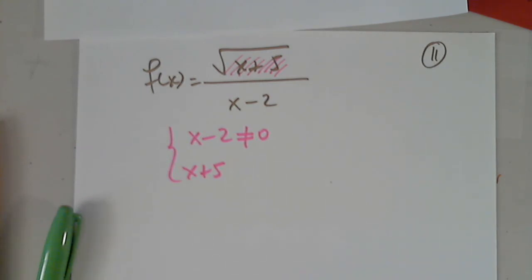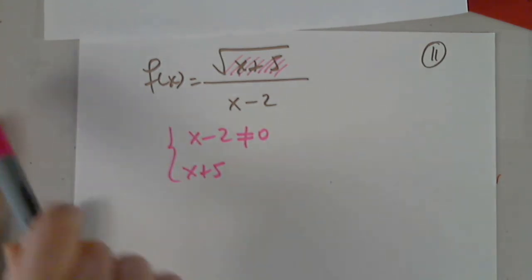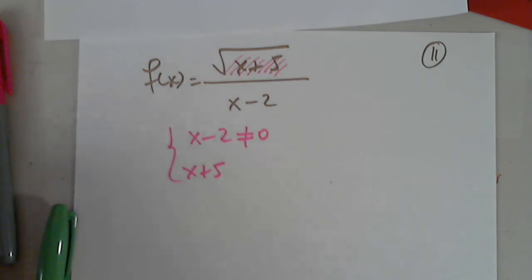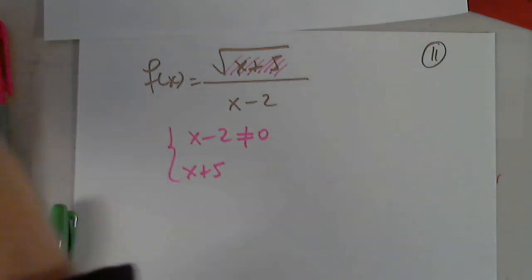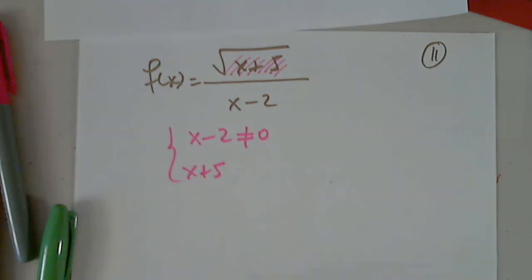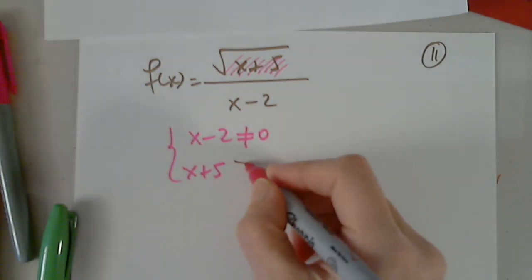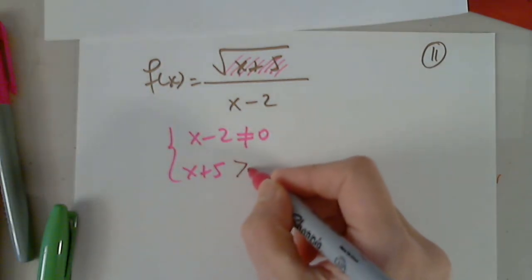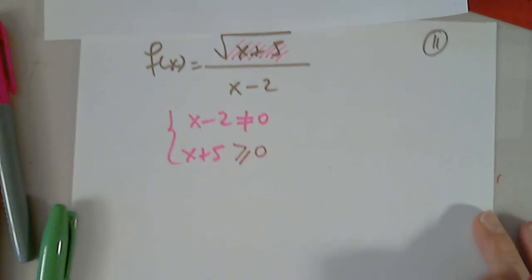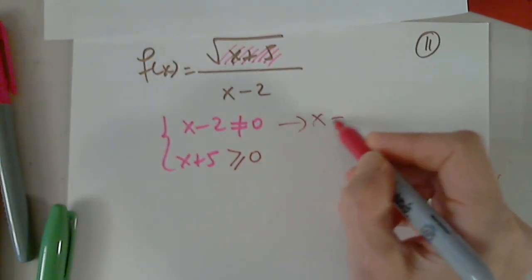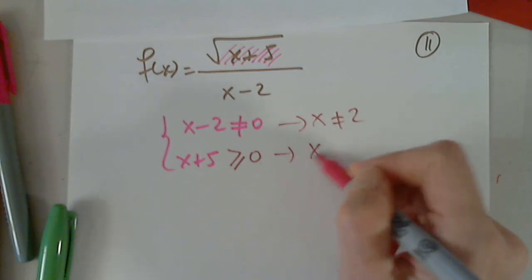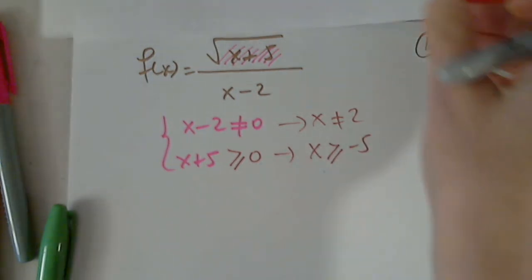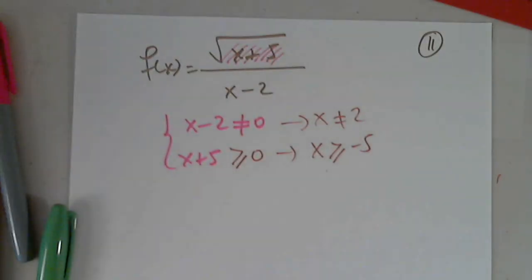The quantity under the square root. Anyone? It has to be positive or greater than 0. Exactly. Thank you. So then x cannot be 2, and x is greater than or equal to negative 5.